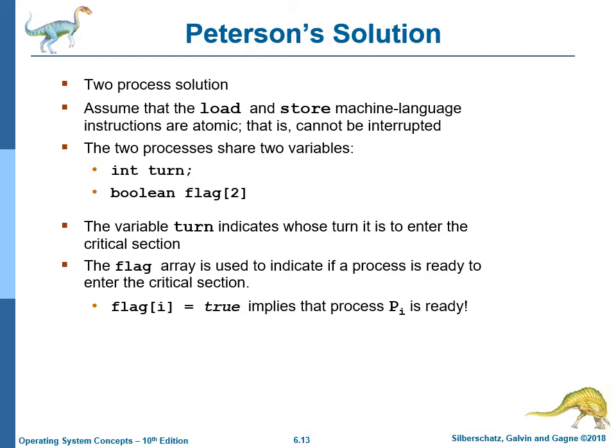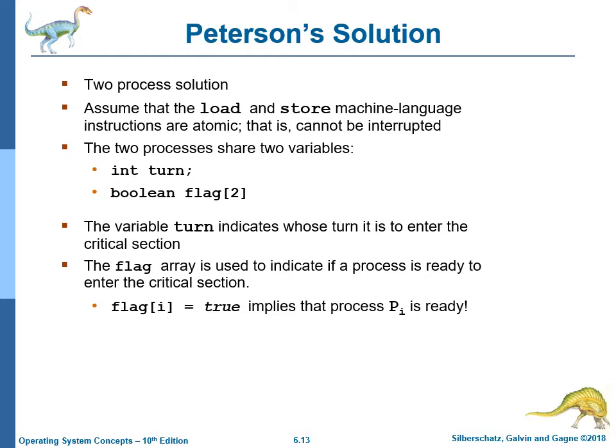Okay, so dalam Peterson solution ni, dia suggest two process solution. And then we have the load and store machine language, which will be instructions that are atomic and cannot be interrupted. So the two processes share two variables, which is int turn dan juga boolean flag.